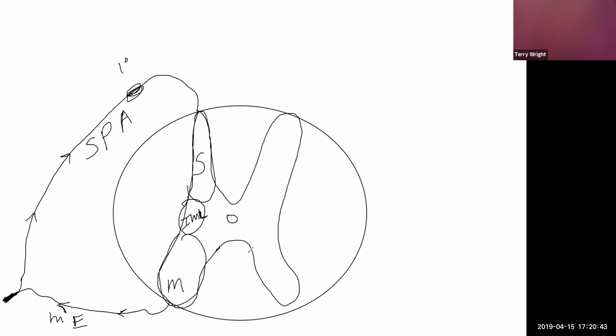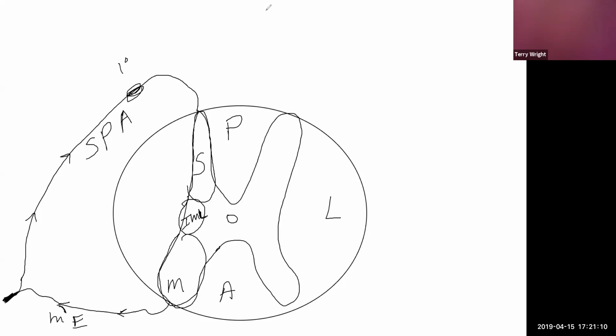The white portions are called columns or funiculi. So this whole thing is the anterior column. This is the lateral column. This is the posterior column. These are the posterior horns, the lateral horns, and the anterior horns. So that's just the difference in the nomenclature.